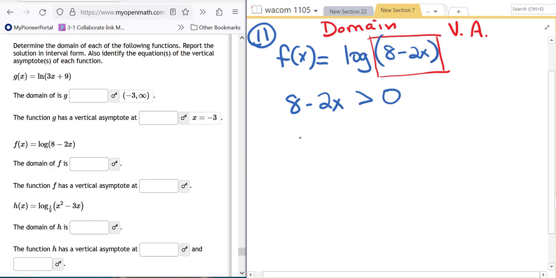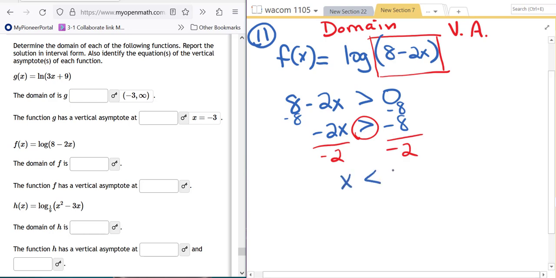And so we want to isolate the x, subtract your 8. So we have negative 2x is greater than negative 8. You are going to have to divide by a negative here, and that will make your inequality symbol flip over. So we have x is less than a positive 4. So this is going to come from negative infinity to 4.